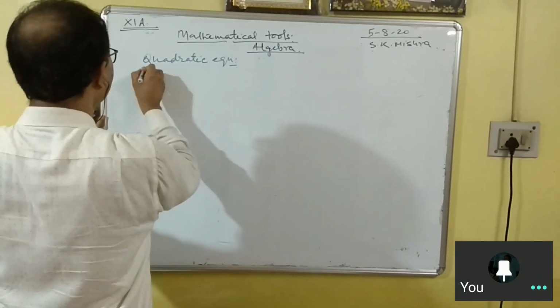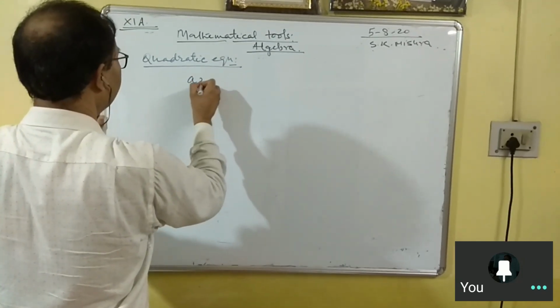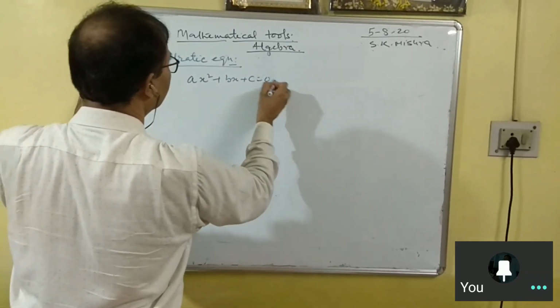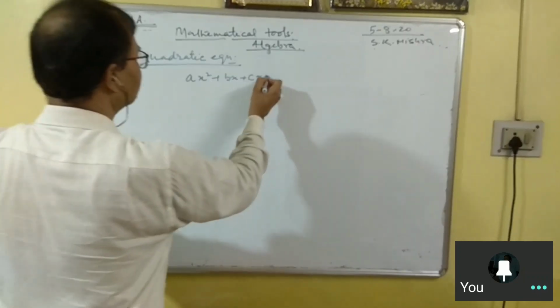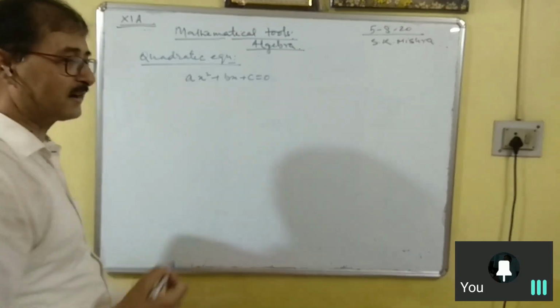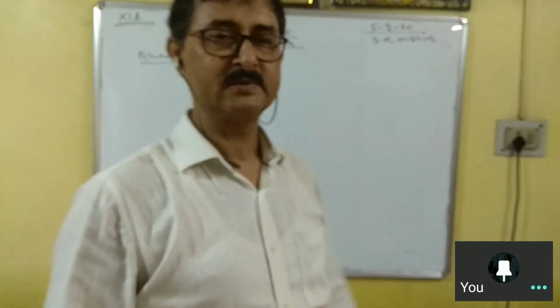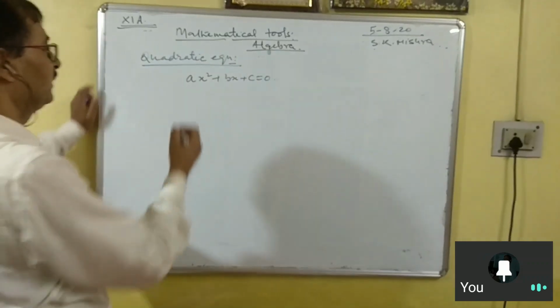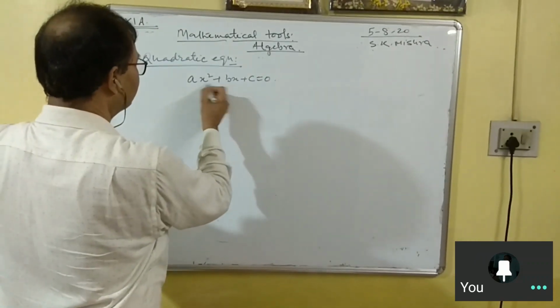So how will you write the quadratic equation? ax square plus bx plus c equals 0. All of you know it. In class 10 standard you have already studied it in mathematics. So ax square plus bx plus c equals 0. So this equation has real roots.